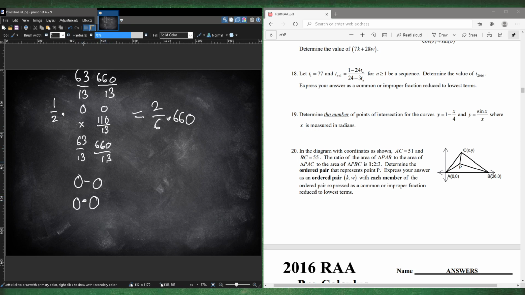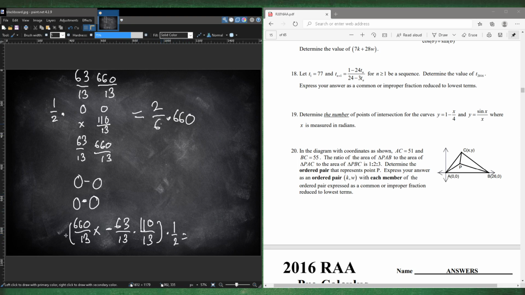And then 660 over 13 times x is 660 over 13 x, minus 63 over 13 times 110 over 13. And then take half of that, which gives us the area of our triangle. So that's just the idea of the shoelace theorem.